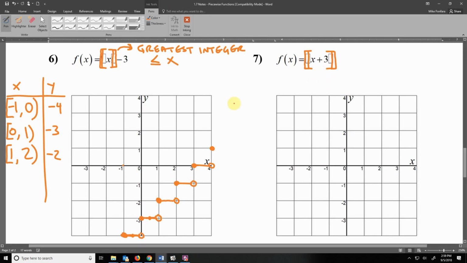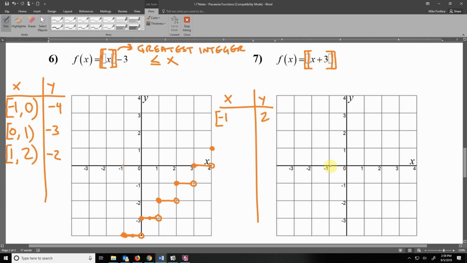Okay, here, if I put in an input of, let's just use -1 again like we did on the previous one. This time, I'm doing my addition first, then finding the greatest integer less than or equal. So -1 plus 3 is 2, and the greatest integer less than or equal to 2 is 2.